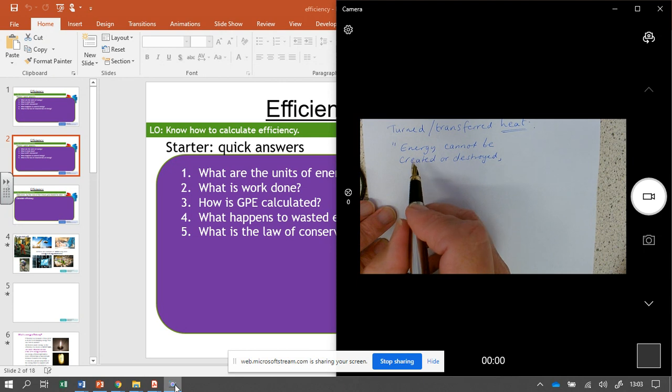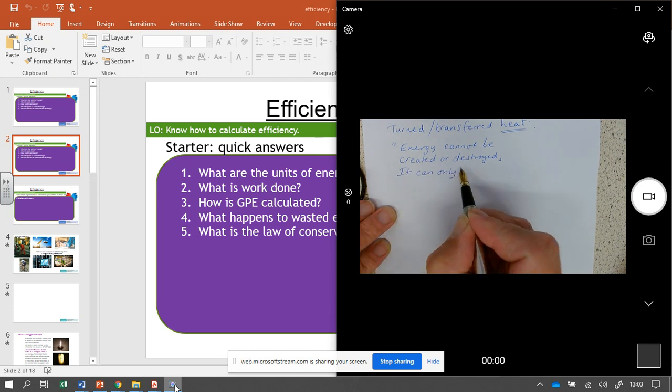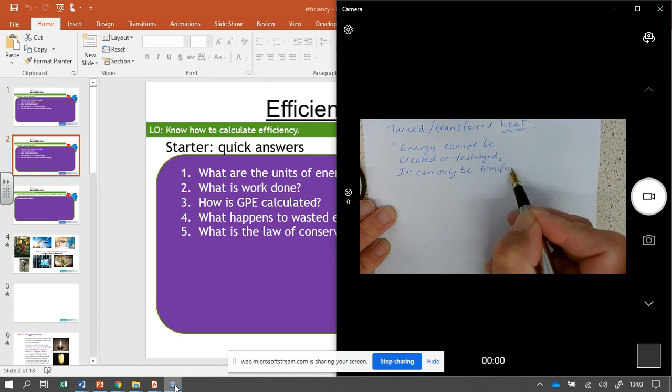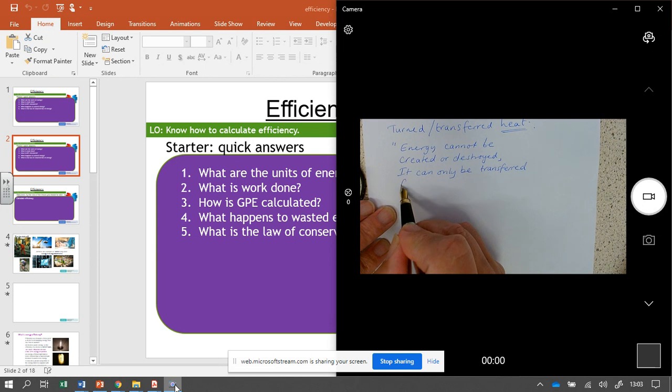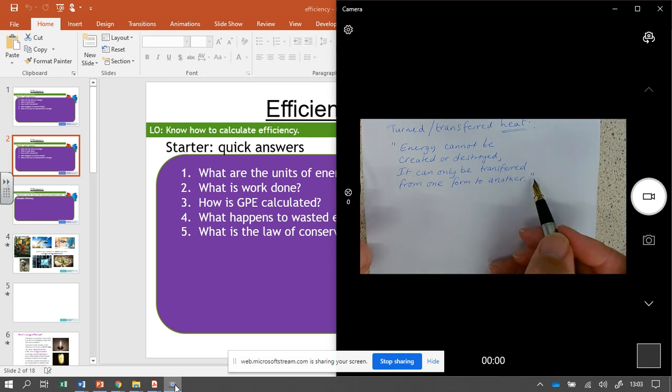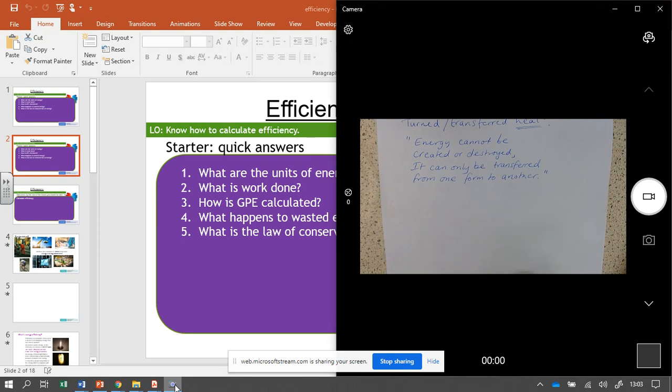It can only be transferred, or changed, transferred's the better word, from one form to another. That's what it is. Pause it if you want to write that down.